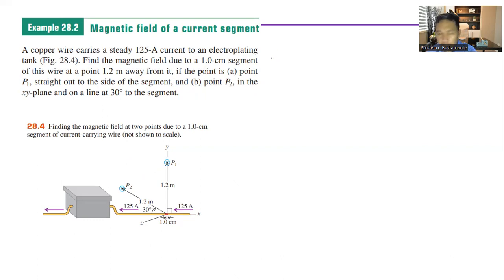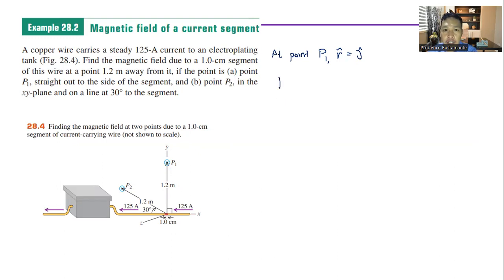Okay, let's try at point P1. Here, the unit vector r hat is just equal to j, only in the Y component, so the unit vector points to the Y axis.